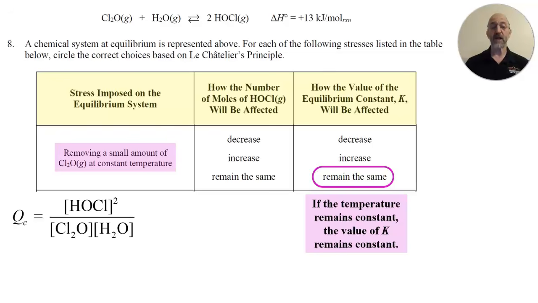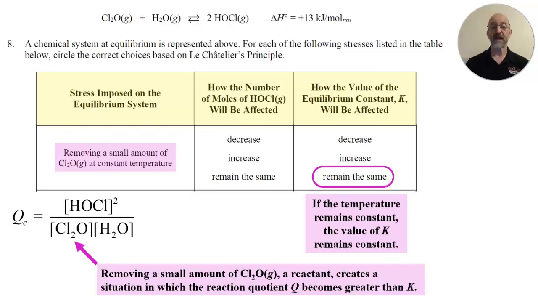So I'm going to write the expression for the reaction quotient Q, that's the concentration of HOCl squared divided by the product of the concentration of Cl2O times the concentration of H2O. Those are my two reactants.